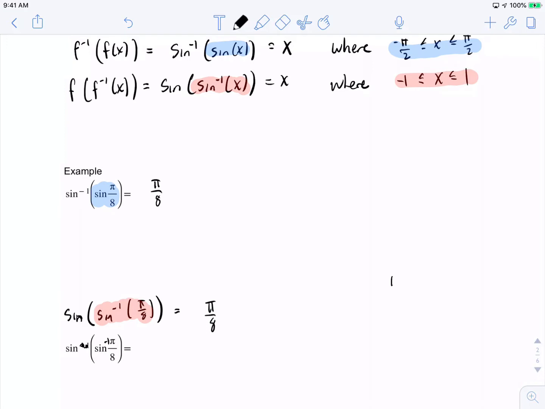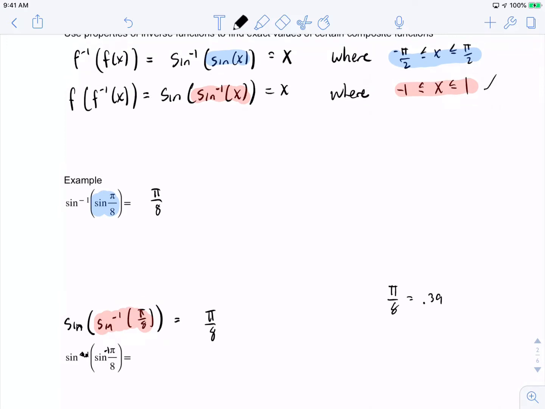So like I said, pi over 8 was equal to 0.39. And so it would work with this one in the pink case, and then pi over 8 is in fact between negative pi over 2 and pi over 2. So it would also work with this one in this case. Okay.